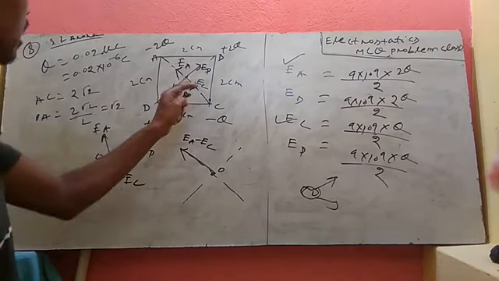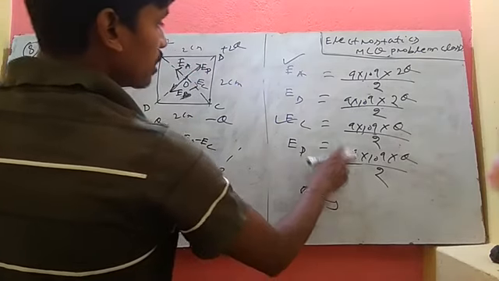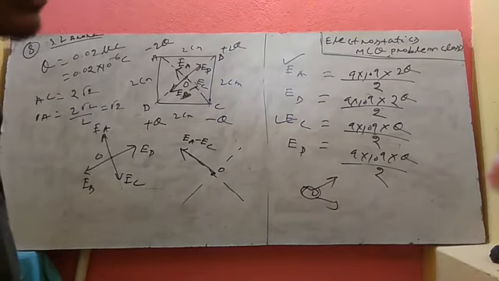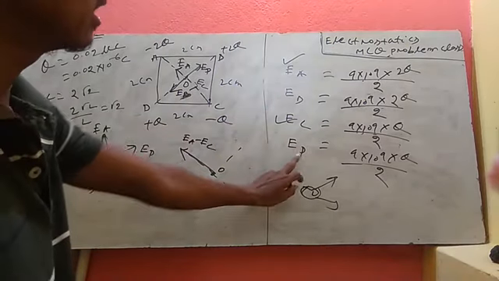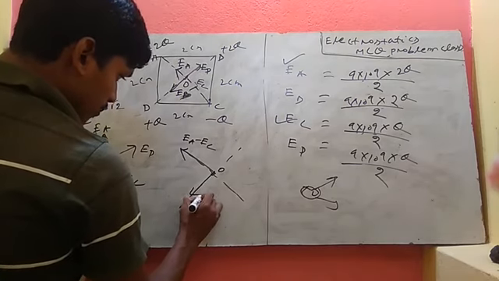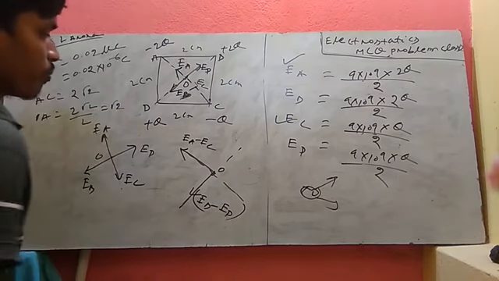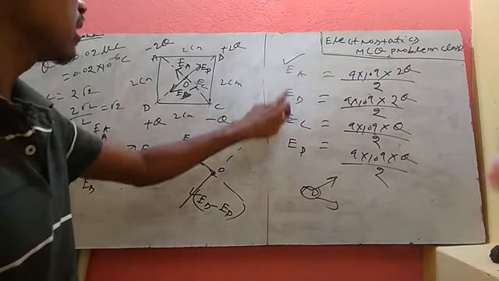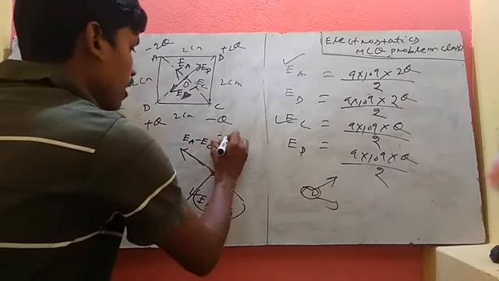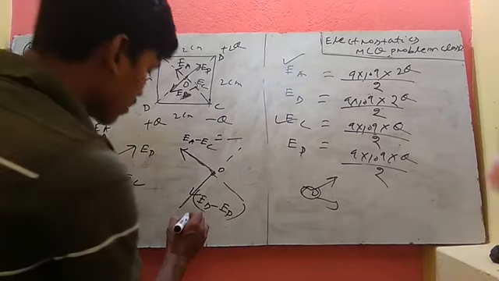Similarly, ED's value is this, EB's value is this, and EB is greater than ED, so the net resultant is EB minus ED. You can find EA minus EC and EB minus ED.